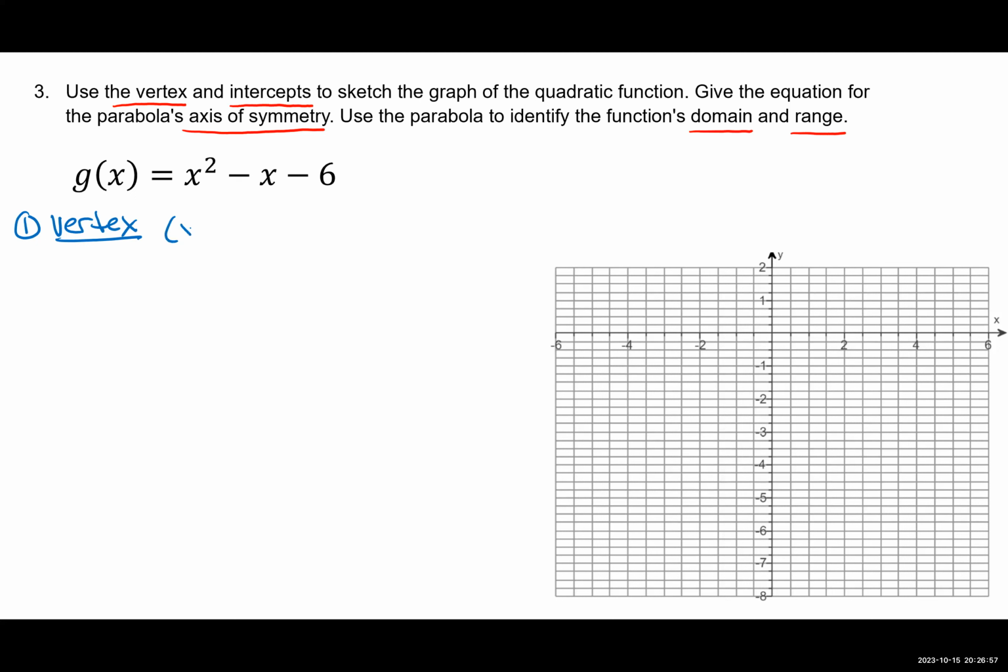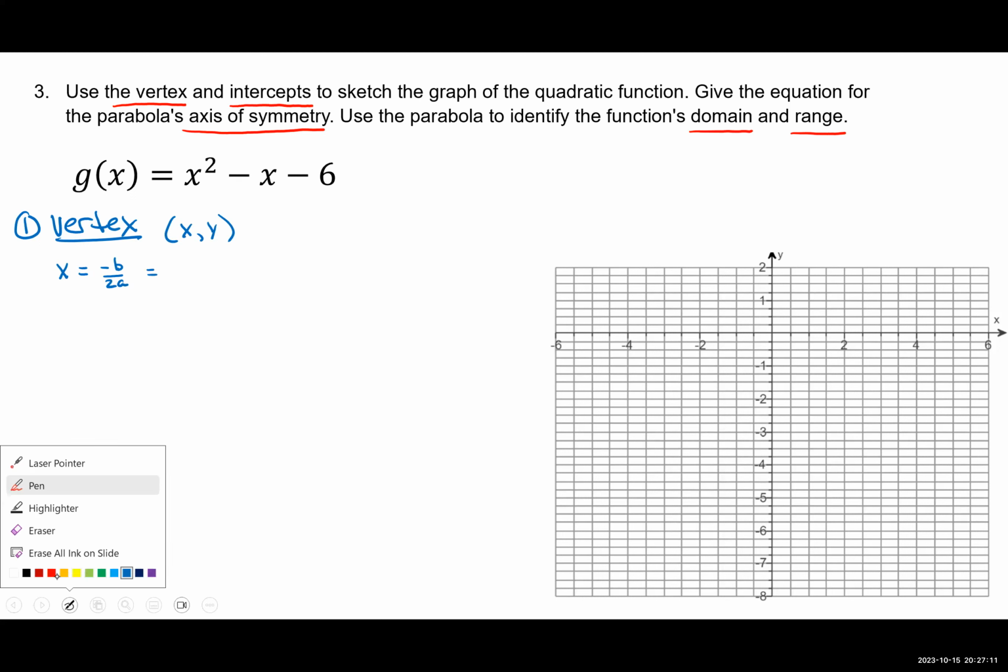It's a point, right? It's a point x comma y, where the x is negative b over 2a, which in this case, well, let's see, what is a, what is b, what is c? A is equal to 1, because we have 1x squared.